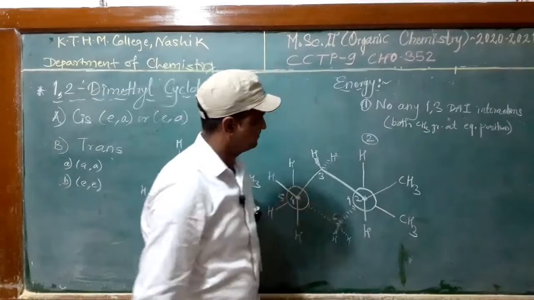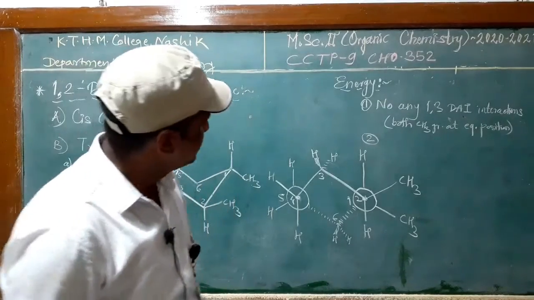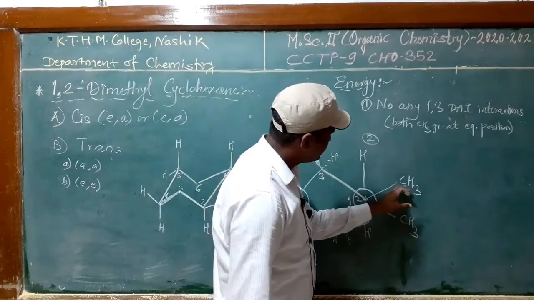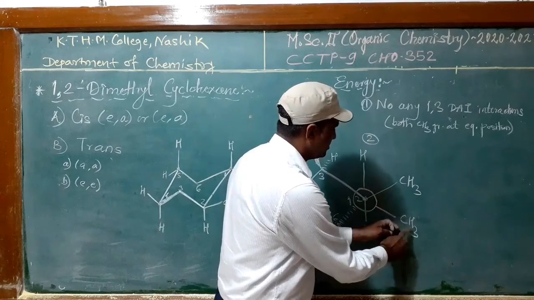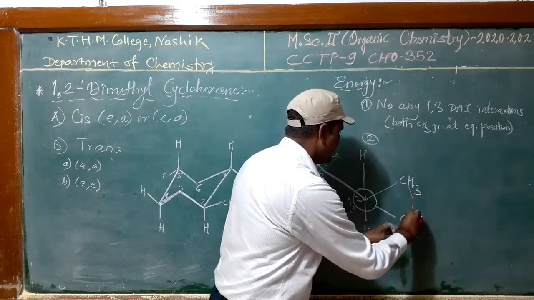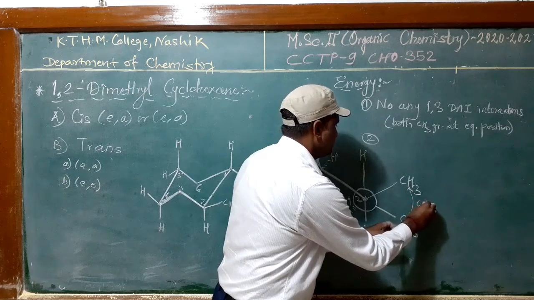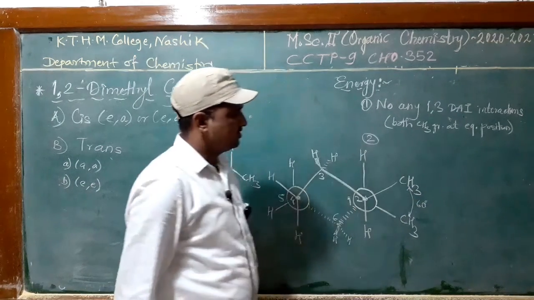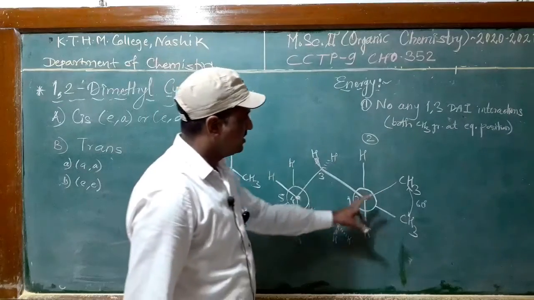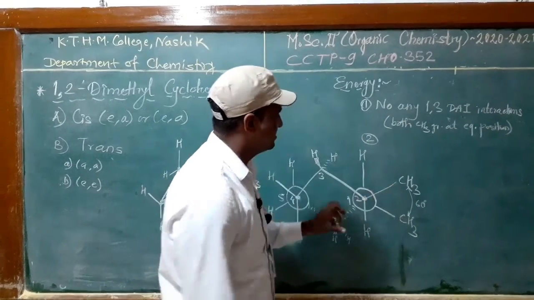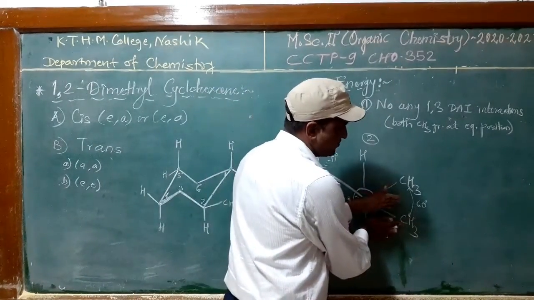But see this equatorial CH3 group and this equatorial CH3 group, the dihedral angle between them is found to be 60 degree, and they are just like a butane gauche conformation.